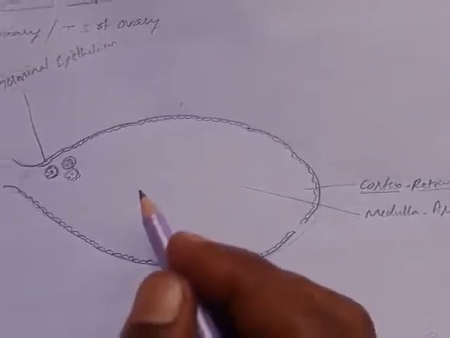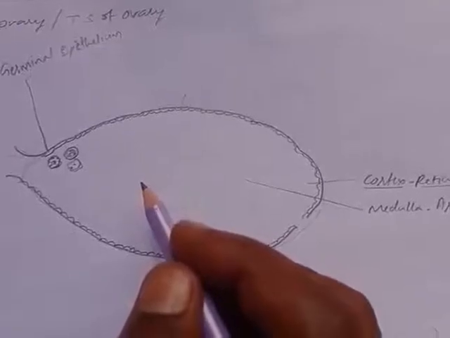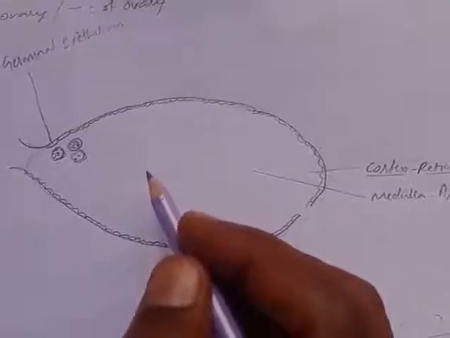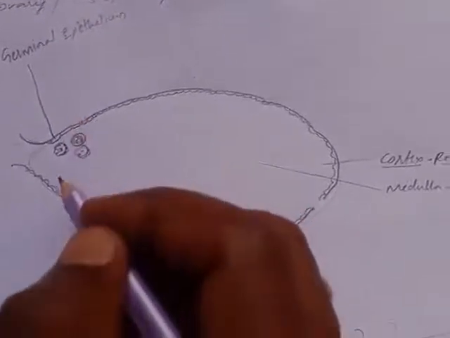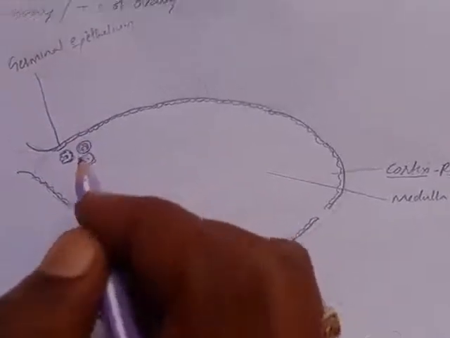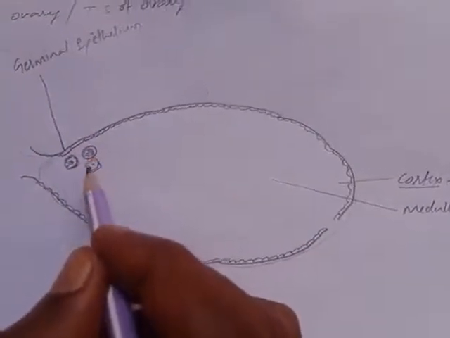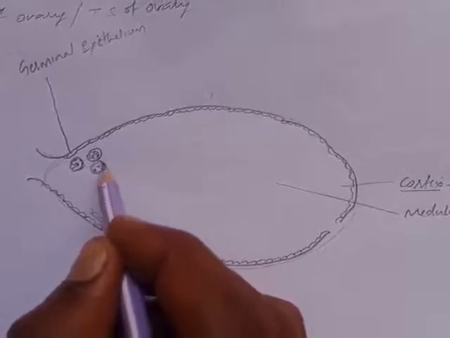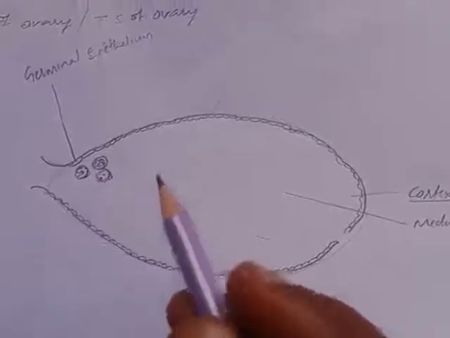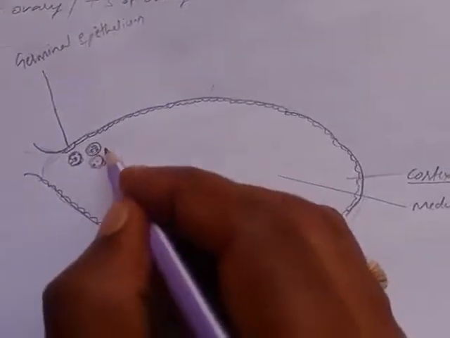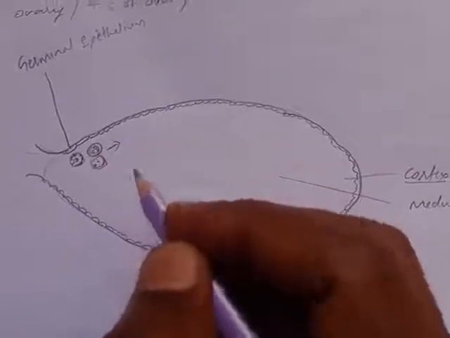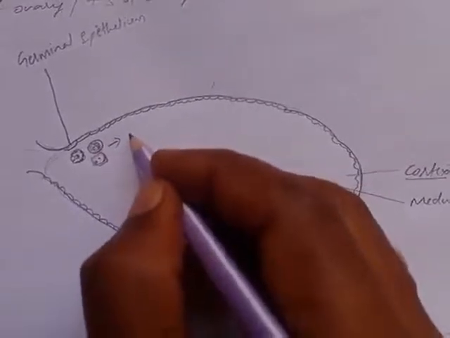Now come to the point: the various stages of follicular development should be shown in this diagram. There are many follicular cells which develop in the embryonic stage only, and out of these, one will develop every month.